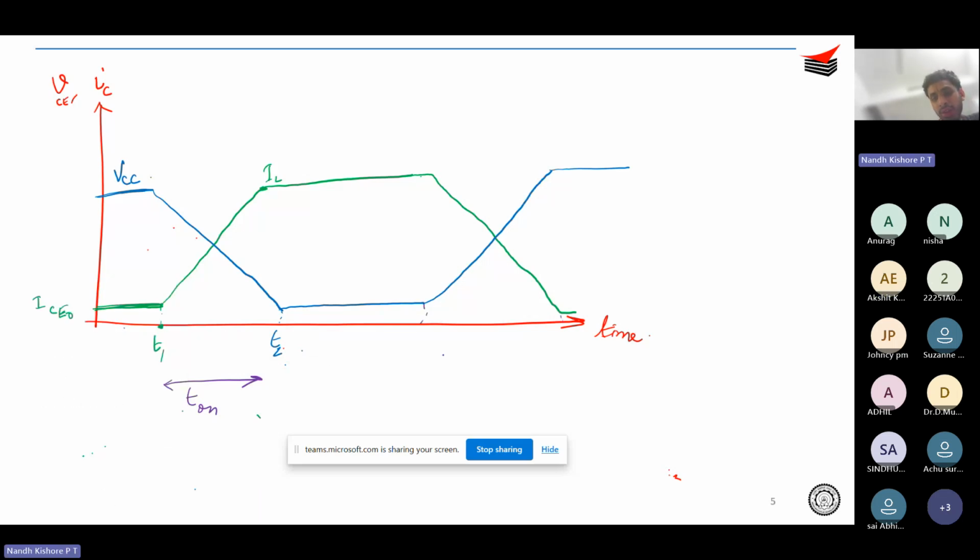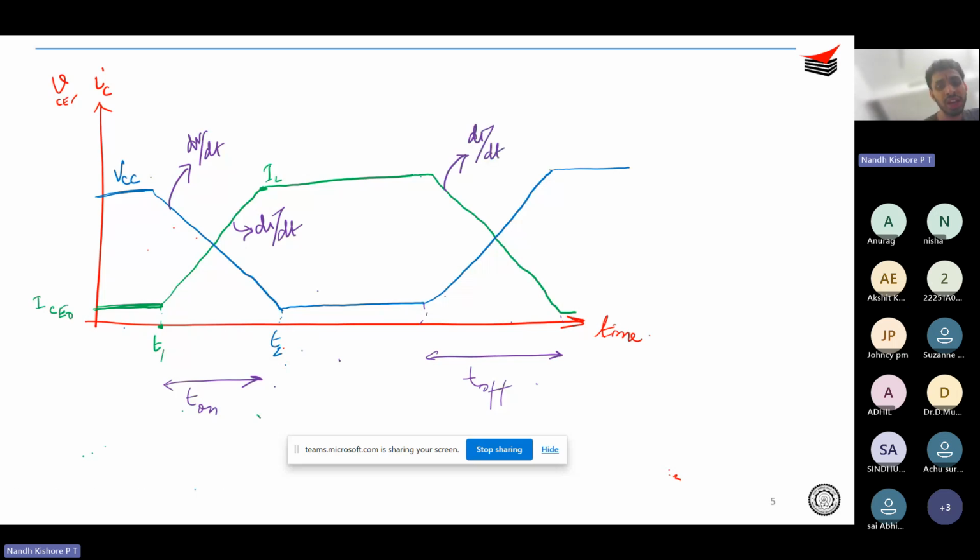So this is your T off. So you understand that during turn on and turn off transients, there is a particular value of dVdt, right? There is a particular value of dIdt, and the roles reverse during turn off, right? Again, there is a di by dt.